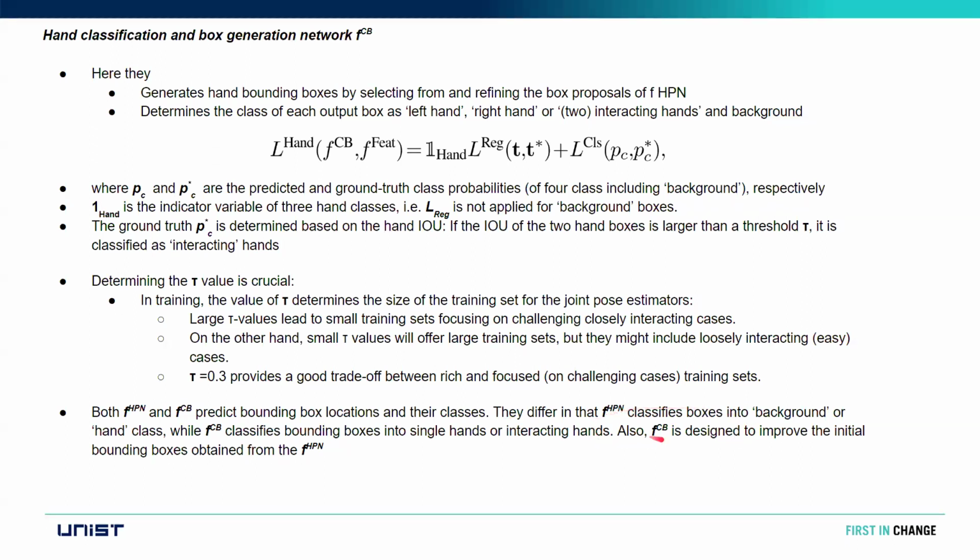The main idea is that the hand proposal network proposes a lot of bounding boxes and classes, and the main idea behind the second network is just to refine them. Its output is just left hand, right hand, or interacting.